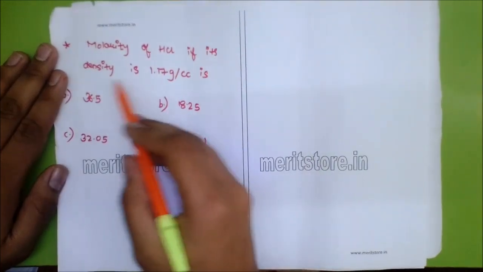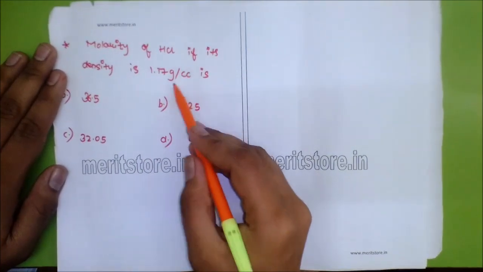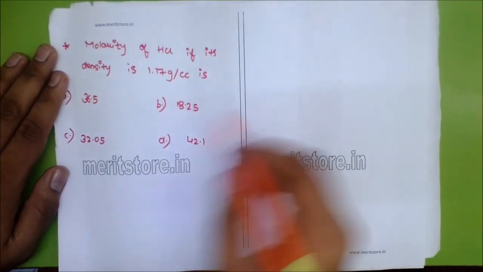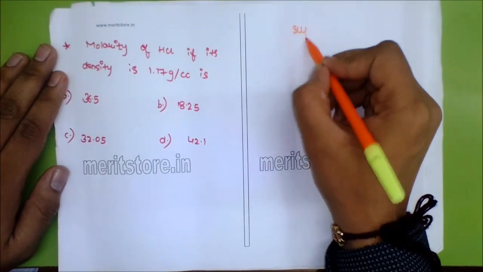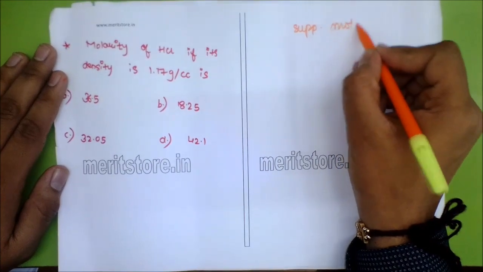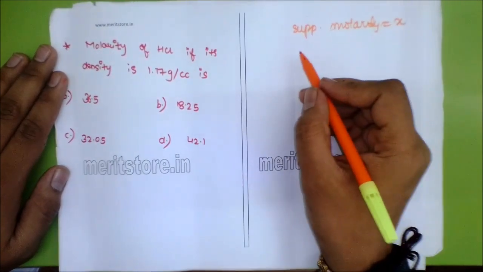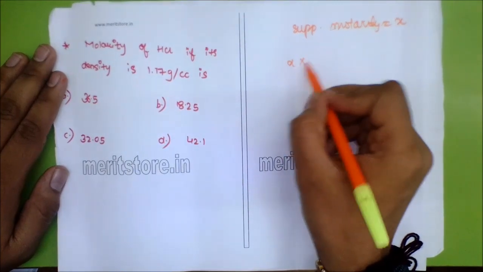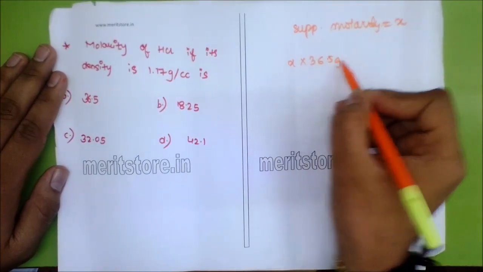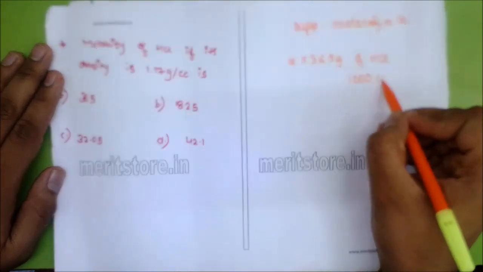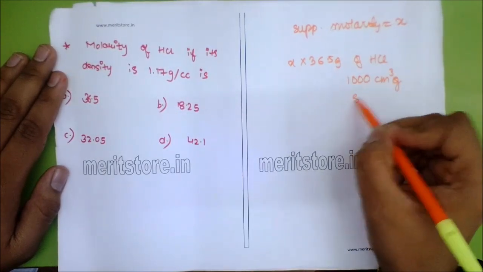Molarity of HCl, if its density is 1.17 gram per cubic centimeter, is. Now to solve this question, suppose molarity is equal to X. X into 36.5 gram of HCl are present in 1000 centimeter cube of solution.